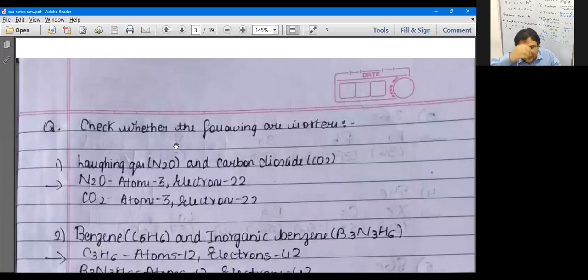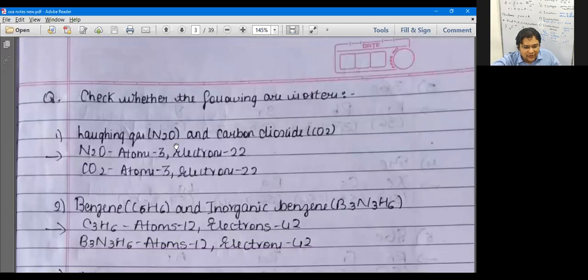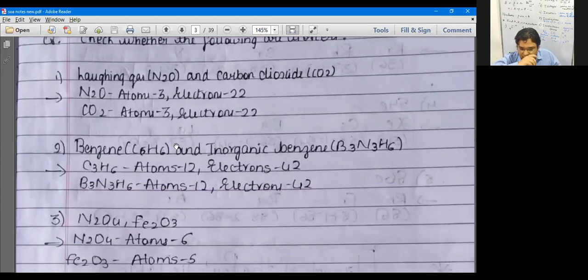Next, guys, check whether the following are isosters. Is it clear to you? Look at all three questions. Laughing gas and carbon dioxide. Can you also jot down these questions?